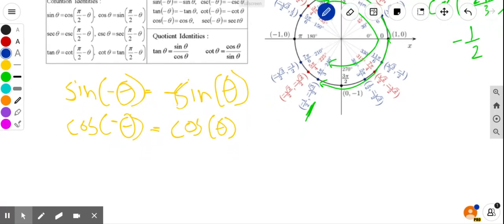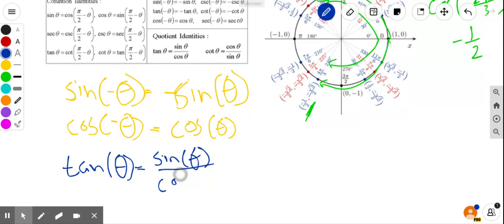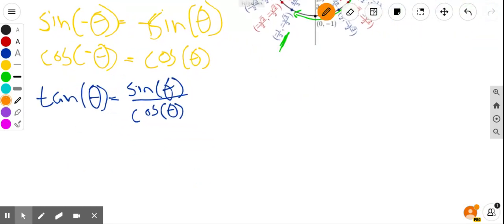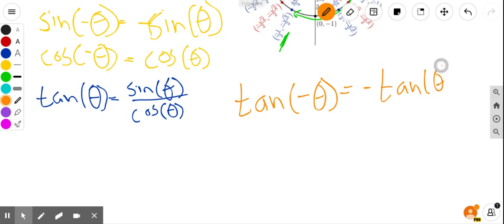And I am told that, and I know that tangent of theta would equal sine divided by cosine. So if I use these pieces of information, it doesn't take too much work to show that tangent of negative theta should equal negative tangent of positive theta, right?